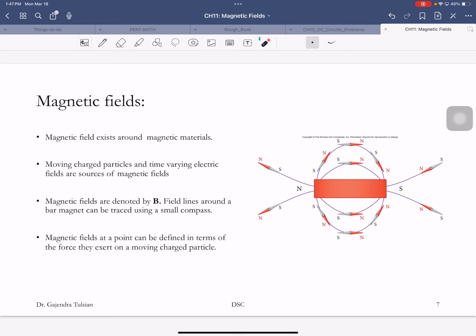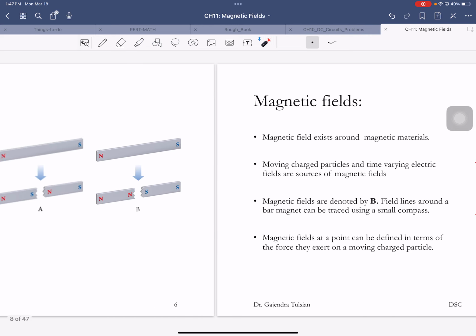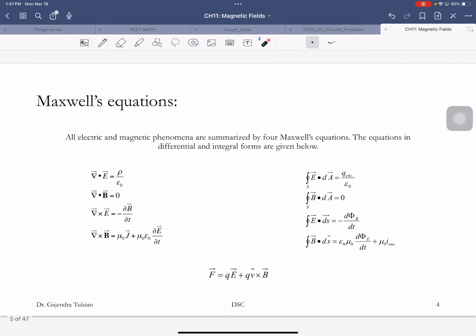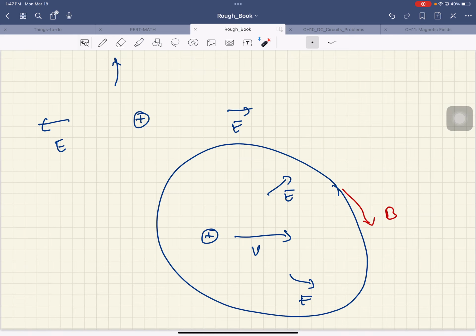So just remember that all magnetic fields are essentially results of moving charges. But everything has a magnetic field, doesn't it? Everything has a magnetic field. Let's answer that question.